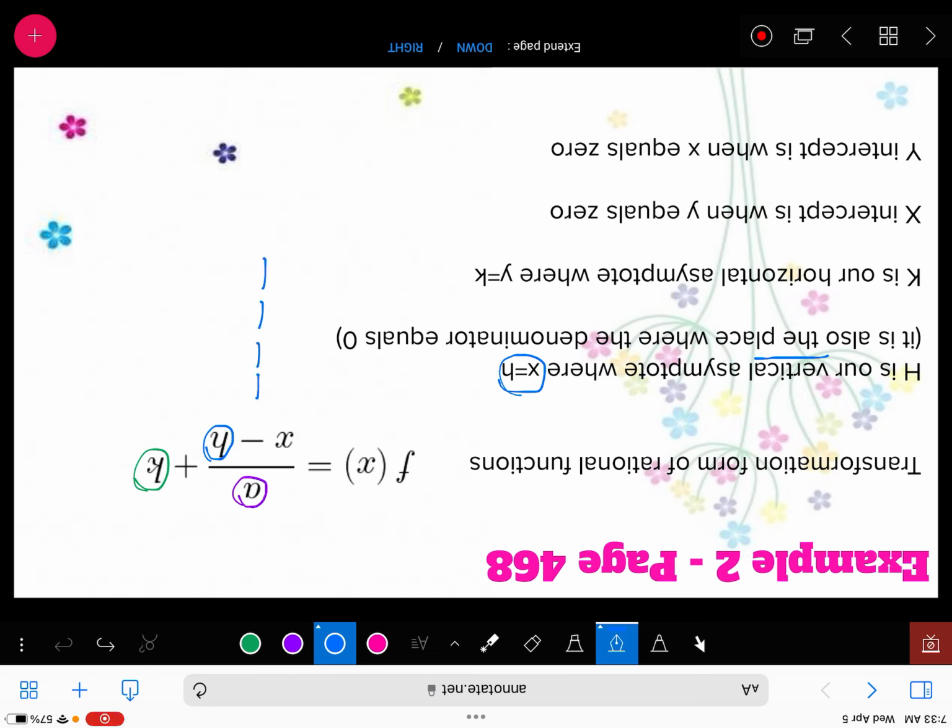X equals something is a vertical line. Our horizontal asymptote comes from our k value. Our horizontal asymptote is where y equals k. It looks like this. Typically, we do asymptotes with a dashed line or a dotted line. I don't care if you do it as a solid line or a dotted line, but just make sure you draw them in.